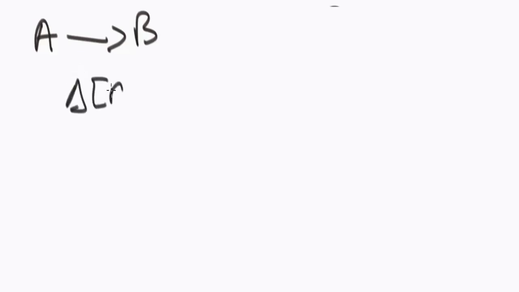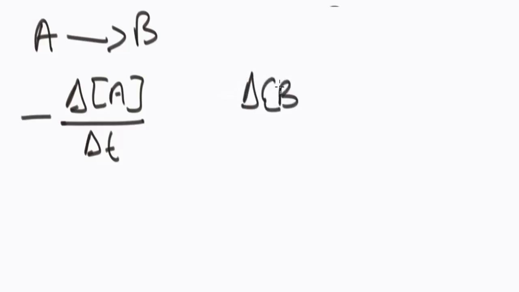Let's say we're given this expression, reactant A gives product B. To calculate the average rate of reactant A, it is going to be minus change in A over change in time. Remember, this minus sign signifies that the reactant is disappearing, whereas the average rate of the product B will be change in product B over change in time.